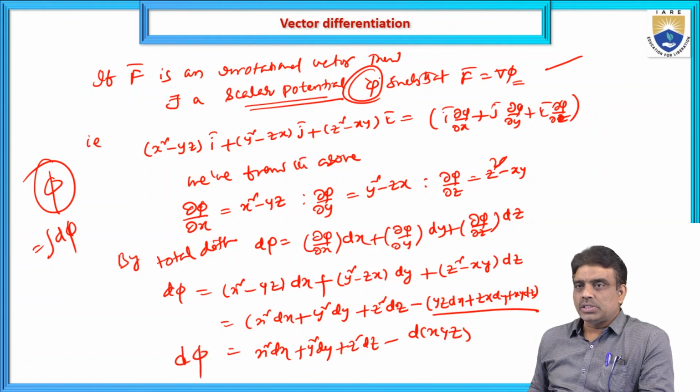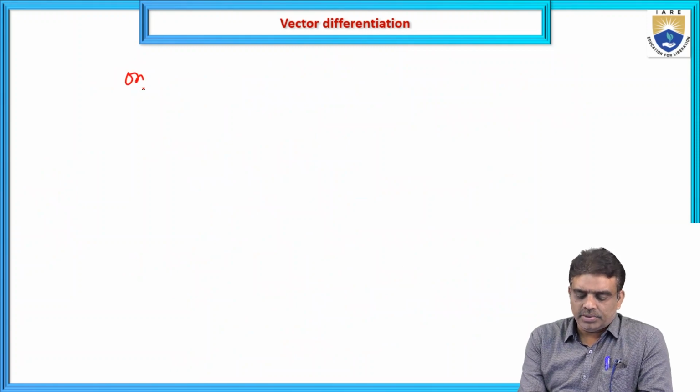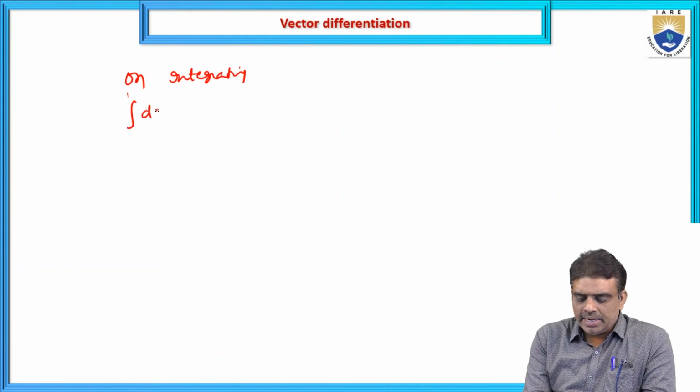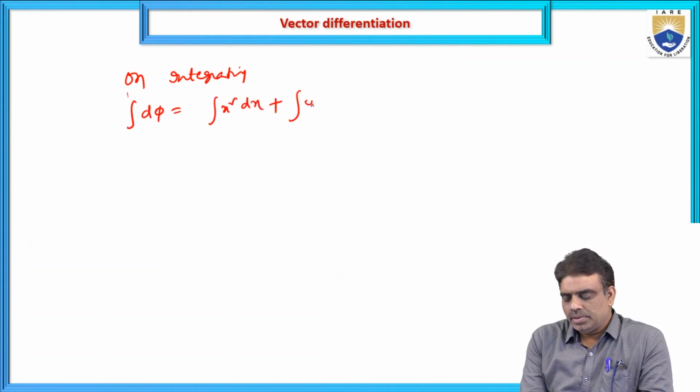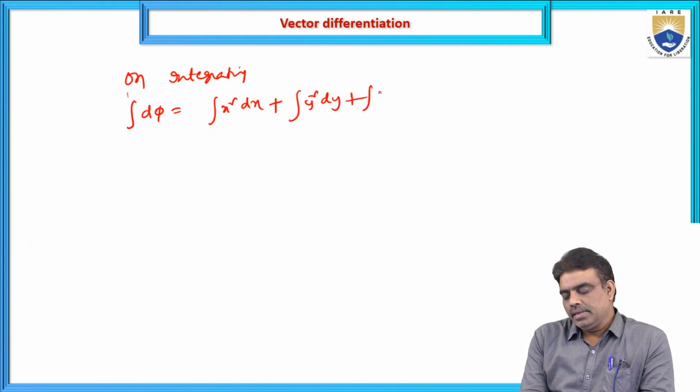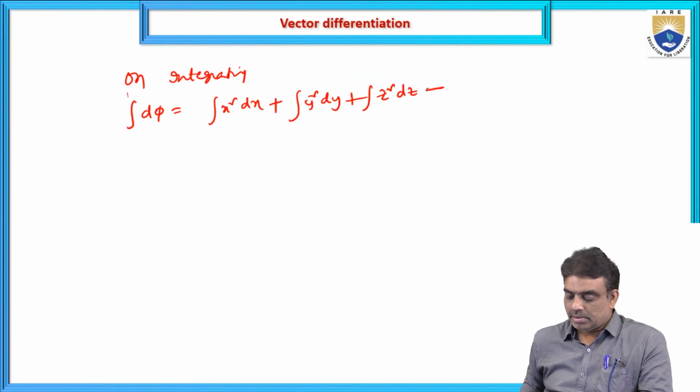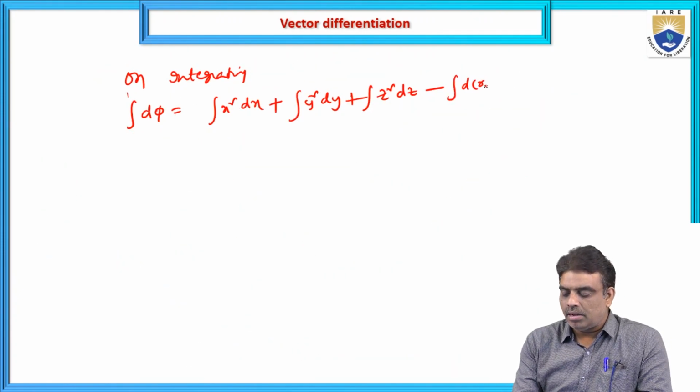Now, on integrating both sides, the integral of dφ is equal to the integral of x square dx, that is the first term, integral of y square dy, integral of z square dz, minus the integral of d of xyz.